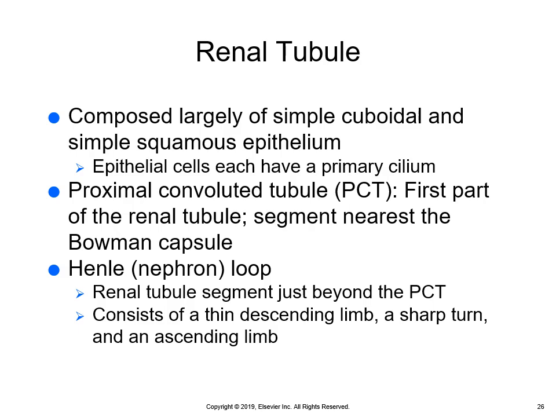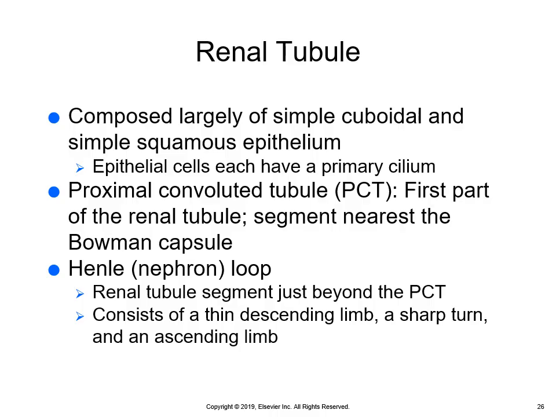Another thing that is located here is the loop of Henle, and that determines basically how concentrated or diluted that urine is going to be, which is why, let's say, desert animals who need to conserve water have a very, very long loop of Henle.